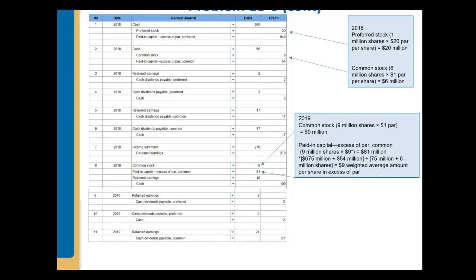So, in 2018, the first transaction would be the debit to cash for $960, credit to preferred stock, that's going to be 1 million shares at $20 par per share, and then the difference is going to go to paid-in capital in excess of par.